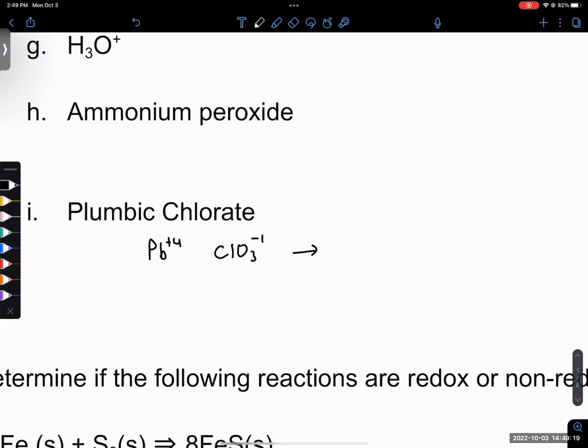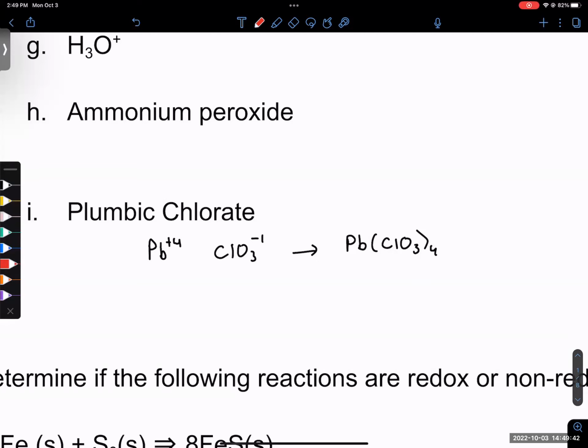If you cross it down, plumbic chlorate looks like PbClO3 4. But that's harder to work with, right? If we want to assign oxidation numbers, we want to split it back up into its cation and its anion, which is what we had on the left here. So that already tells us what the oxidation number for lead is.